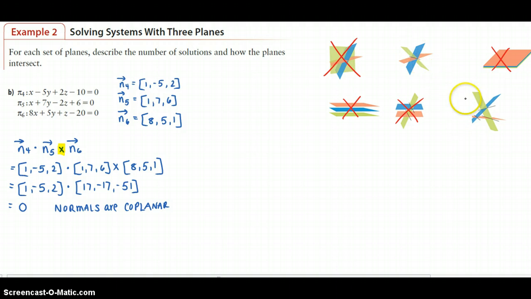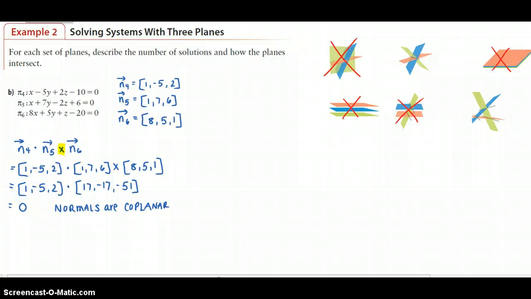So my approach to figuring out which option of those two is true will be to algebraically verify whether there's a solution or not. Here's my strategy. I've got three unknowns with three equations. I'm going to use elimination to find two equations with two unknowns.